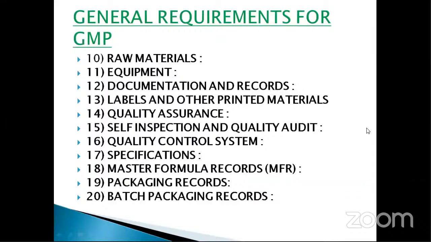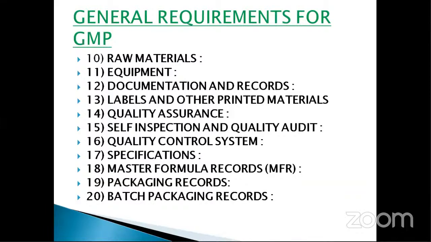Now the documentation and records. How this documentation and records shall be maintained, we have already discussed. Documentation is a very, very essential part of the quality assurance system. And as such, it shall be related to all aspects of GMP, good manufacturing practices.